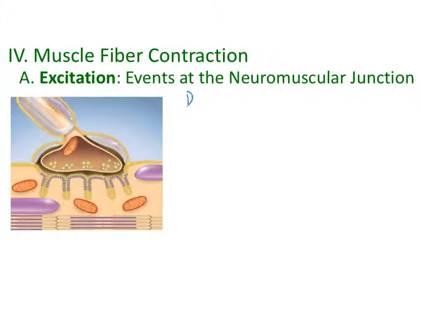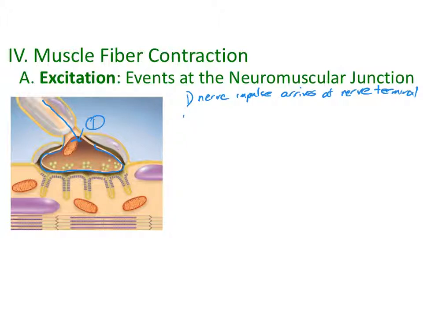First step is you need to have the signal or nerve impulse arrive at the nerve terminal. So in this diagram, here's the nerve coming in. So the signal is coming in, arriving at the nerve terminal, which is this blown out structure here.